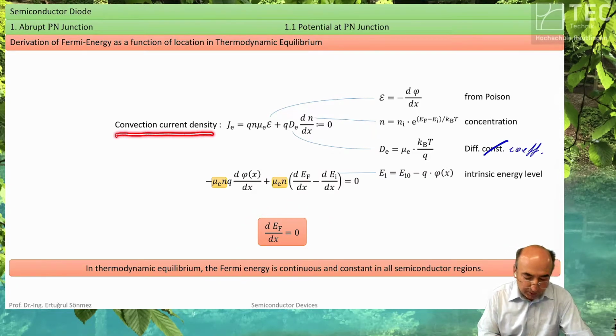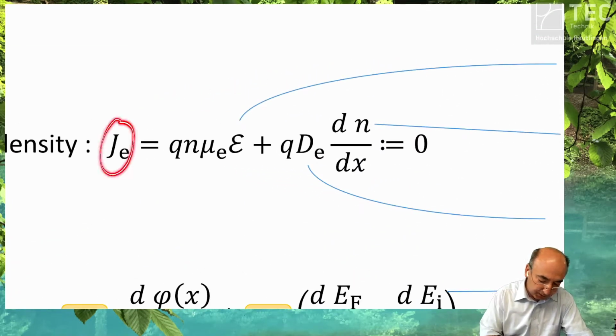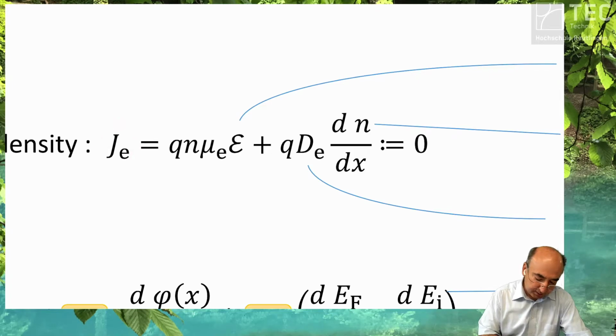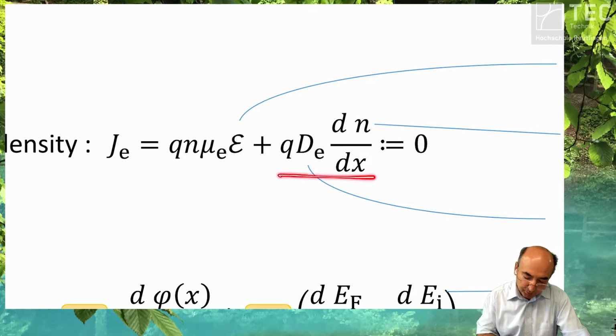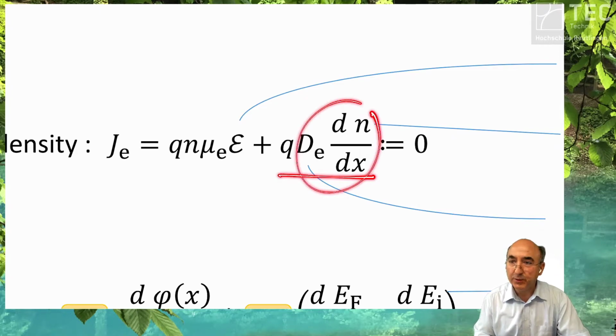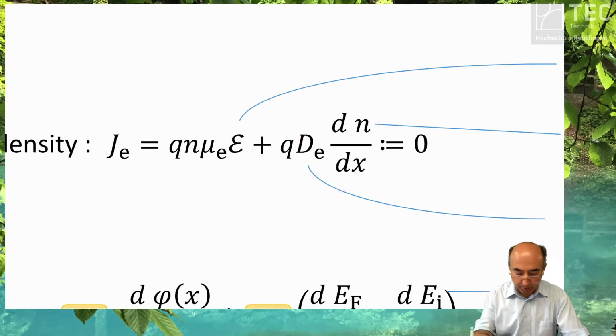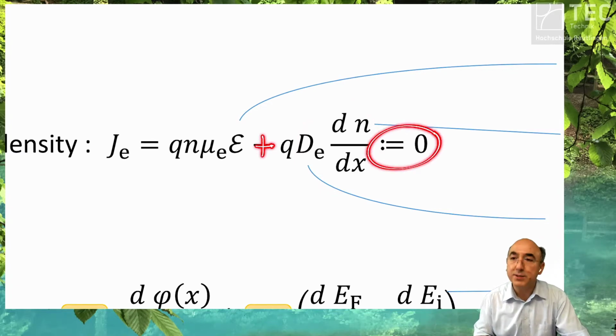We take the convection current density. What is the convection current density for electrons? It is the movement of the charges due to the electric field and the movement of the charges due to diffusion. And what we have learned is that in equilibrium, the sum of these movements is 0.